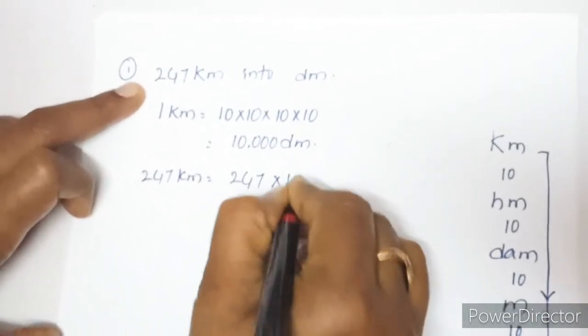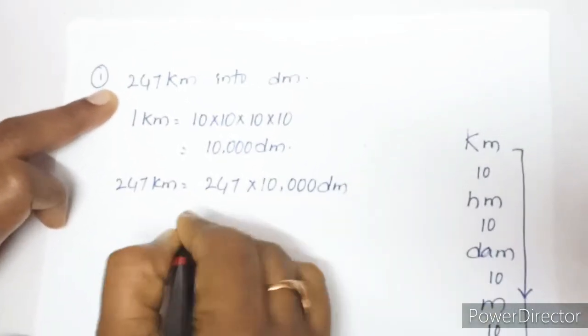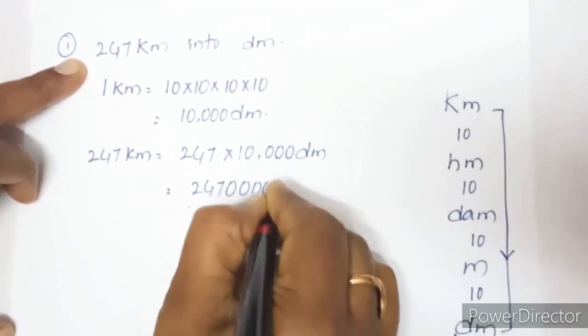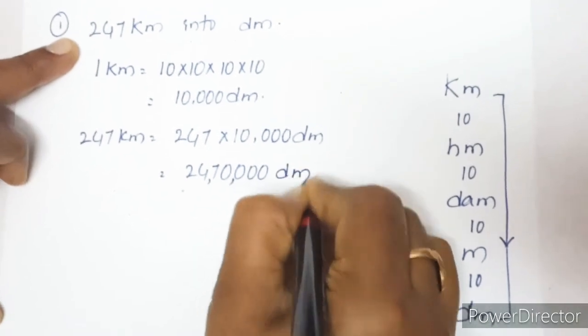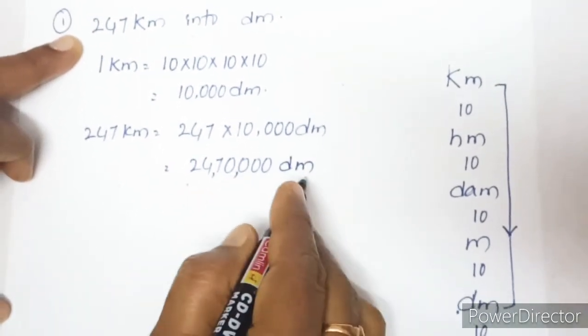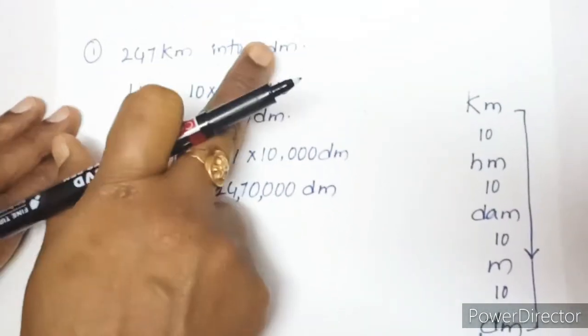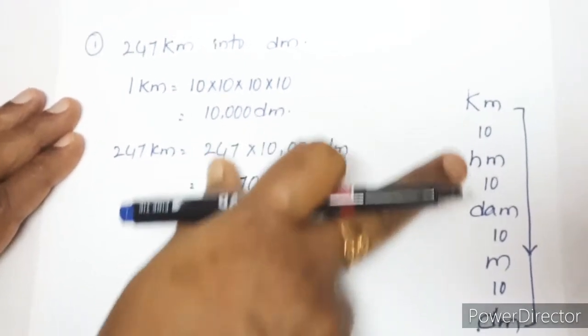So 1 kilometer is equal to 10,000 decimeters. Then to convert 247 kilometers into decimeters: 247 into 10,000 decimeters, which is 24,70,000 decimeters. So when you are converting from kilometer to decimeter, we are moving down.